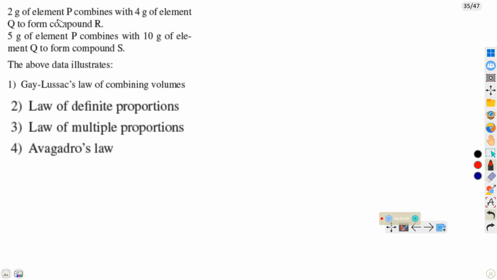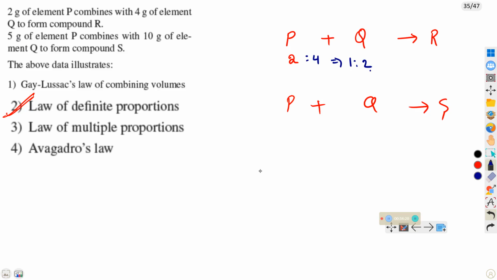2 grams of element P combines with 4 grams of element Q to give compound R. 5 grams of element P combines with 10 grams of element Q to form compound S. The above data illustrates the law of definite proportions. How? 2 grams and 4 grams is given, 2:4, the ratio is 1:2. 5:10, here also 1:2.